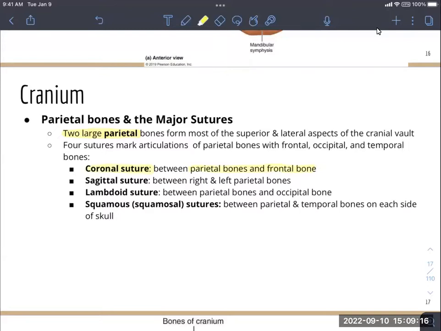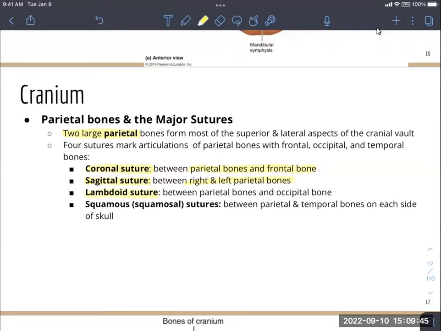So if that helps you picture where that coronal suture is, that's what it is named for. The sagittal suture is between the right and left parietal bones. The lambdoid suture is between the parietal and the occipital bones.